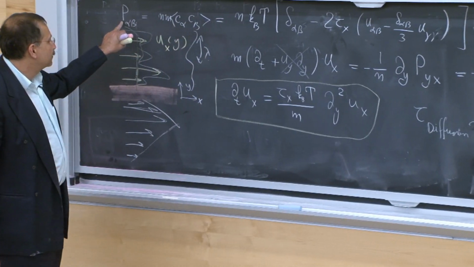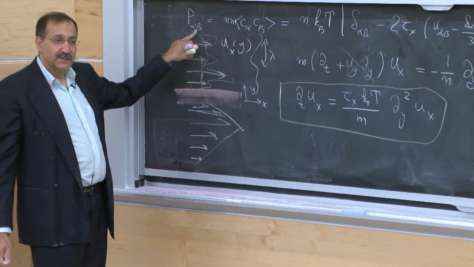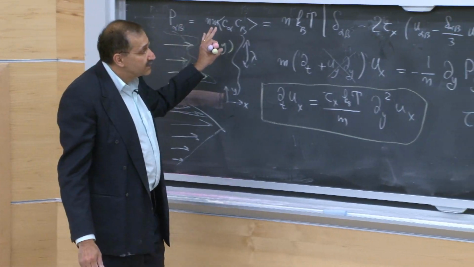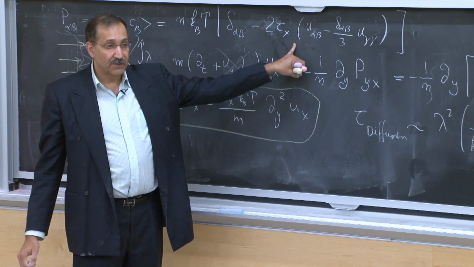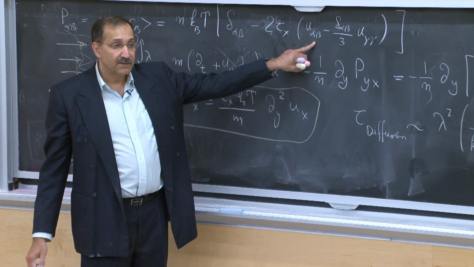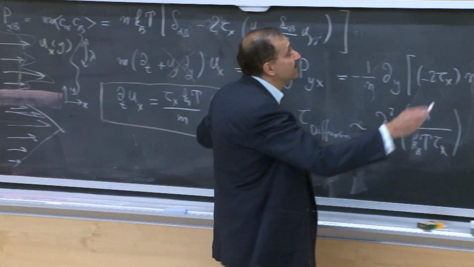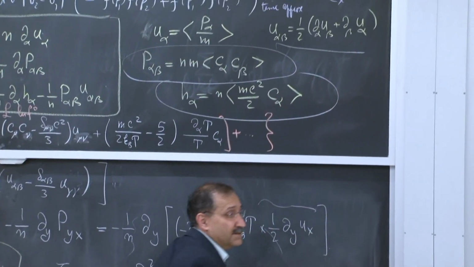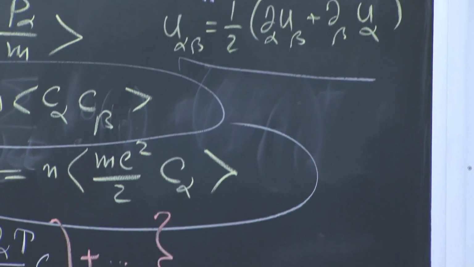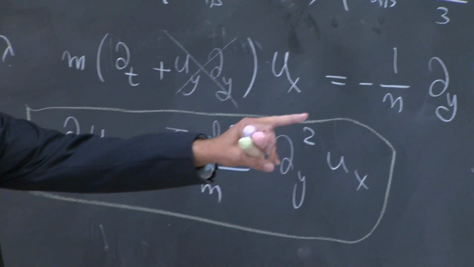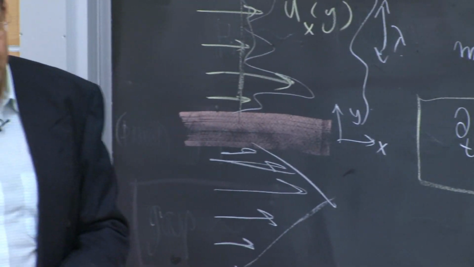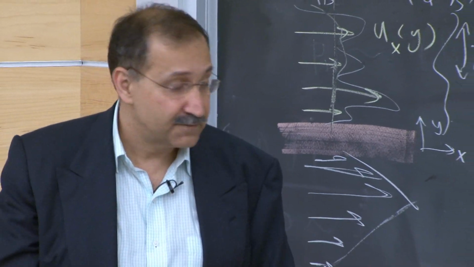Over here, in calculating the pressure, when I'm looking at the xy component, I better find some element here that is off diagonal. What's the off diagonal element here? It is uxy. What is uxy? Uxy is this, calculated for, so it is 1/2 of dx uy, which is what I don't have because my uy is 0. And the other half of it, of symmetrization, is 1/2 dy ux.